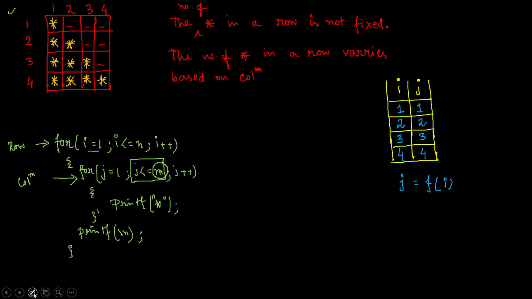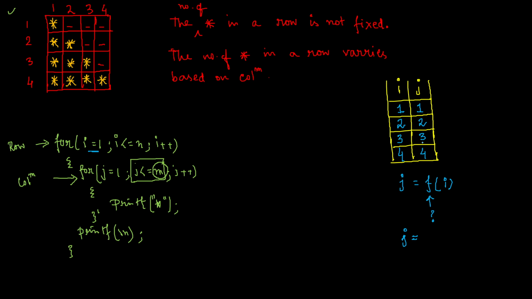Now, as a programmer, as a beginner, what do you have to find out? You have to find out the definition of this function, I mean, j equals what equation will represent this statistics.